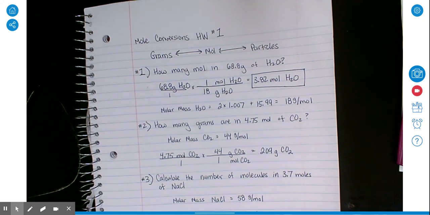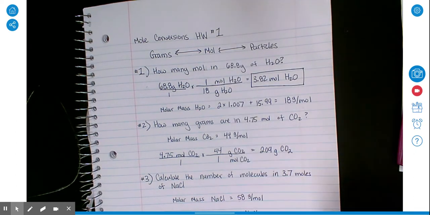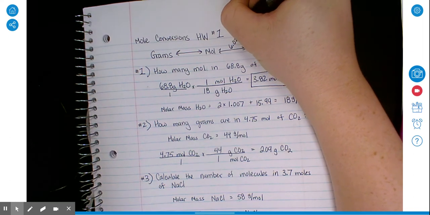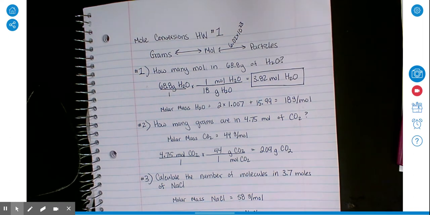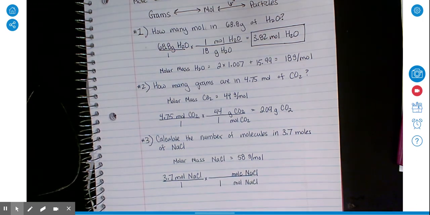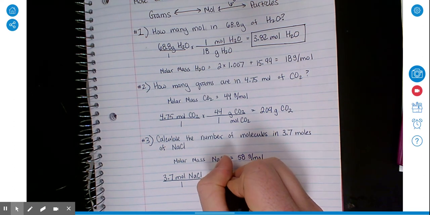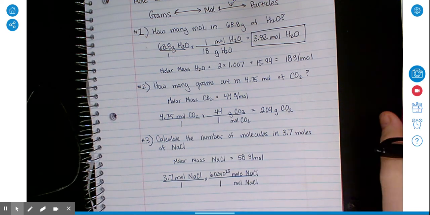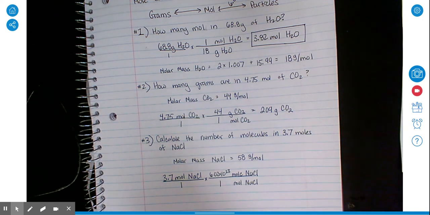Moles to molecules, moles to particles, that's always going to be Avogadro's number. Maybe I'll write that up here. The 1 goes with the mole. The number goes with the particles, or in this case, they're being specific and saying the particle is a molecule. And then all that's left is to calculate it.